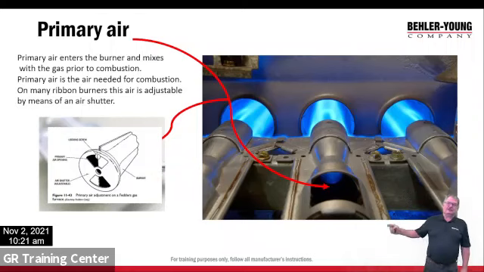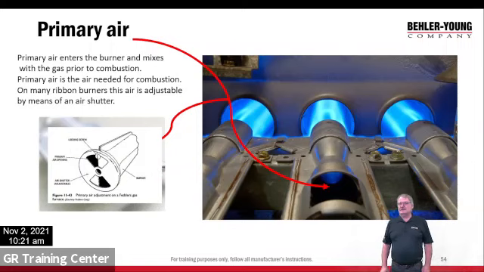Now, some of the old burners, if you look at that picture over there that just popped up, had air shutters. With the old ribbon burners that went back into the furnace, or the old cast iron burners, we adjusted that air shutter for our primary air. Back in the day, we did it by the blue flame. That's how I was taught to do it. You look down that burner and turn that little deal until the flame looked good and you locked it down.